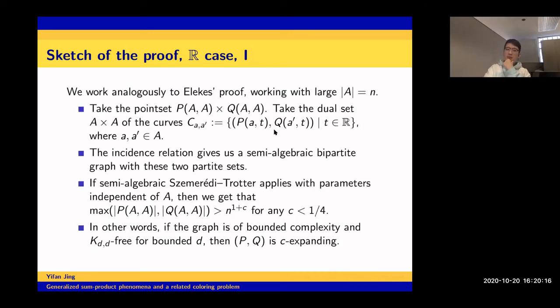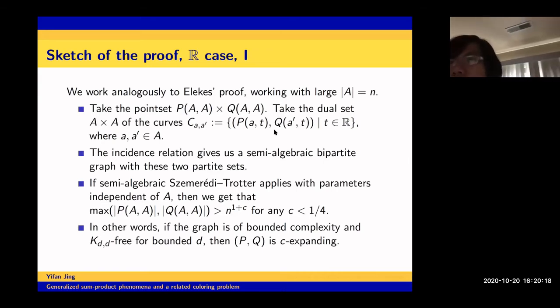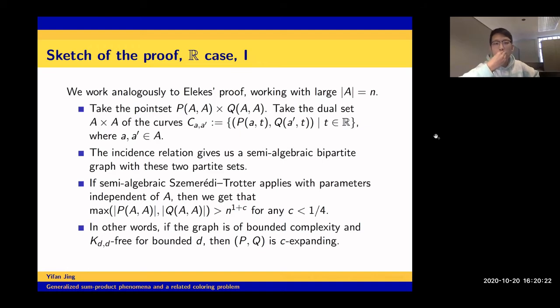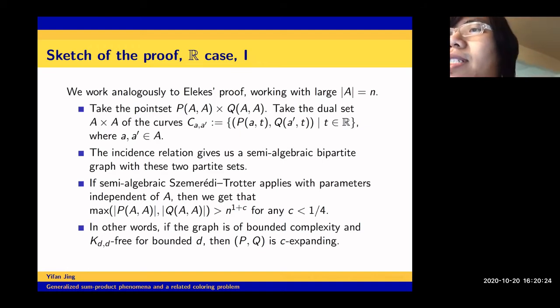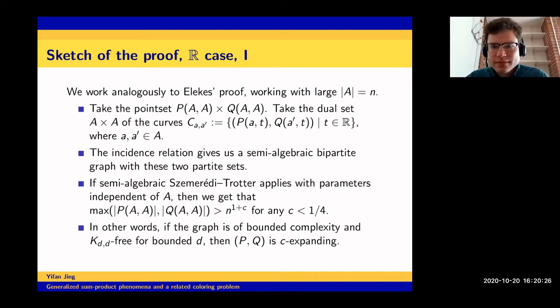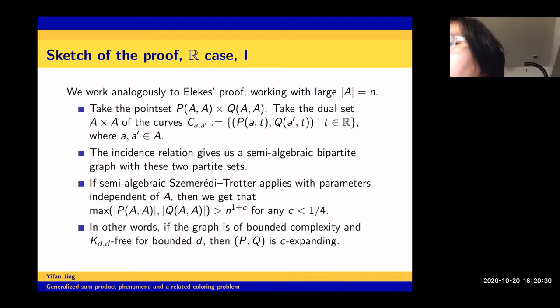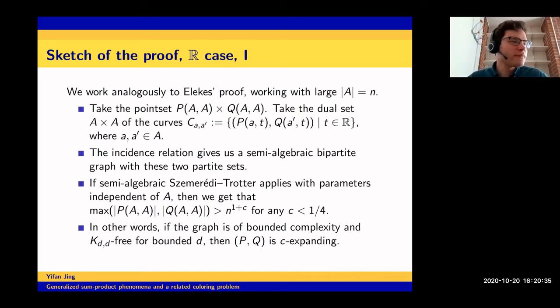Let me think. Shall I say something? Yeah, sure. Remember these are images of algebraic things, right? If you are looking at the set (P(t), Q(t)), that could be algebraic. But here you are letting t range over R, so it is the image of an algebraic set. So that's why it's semi-algebraic.